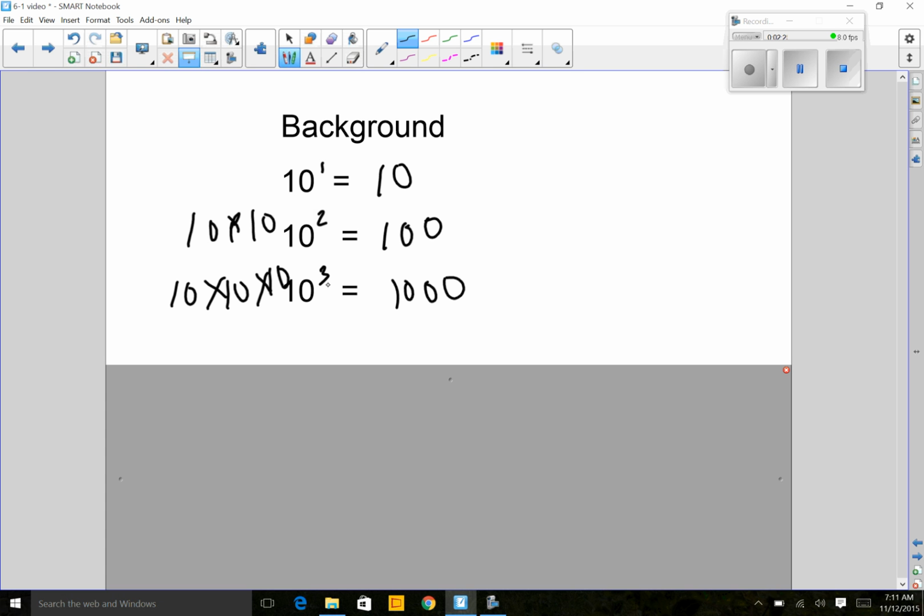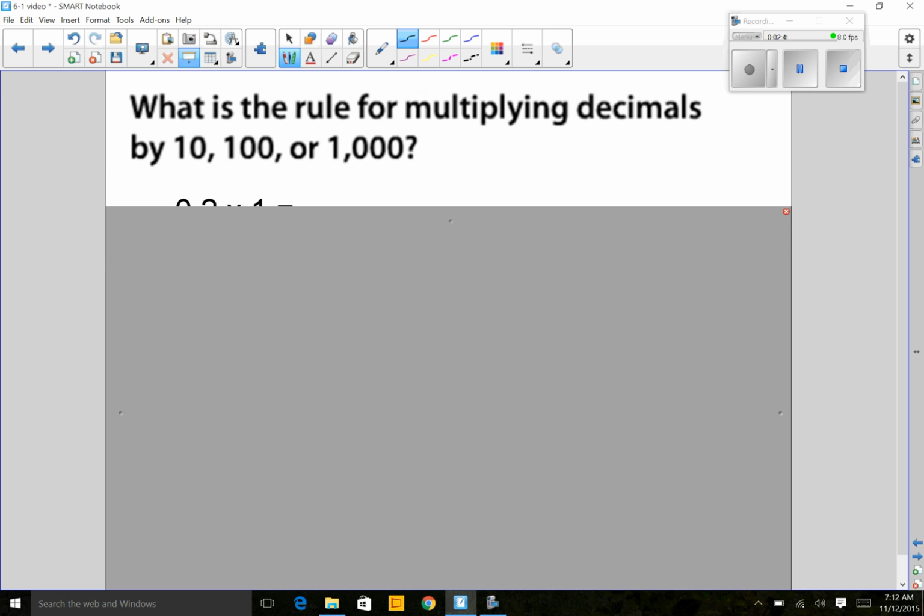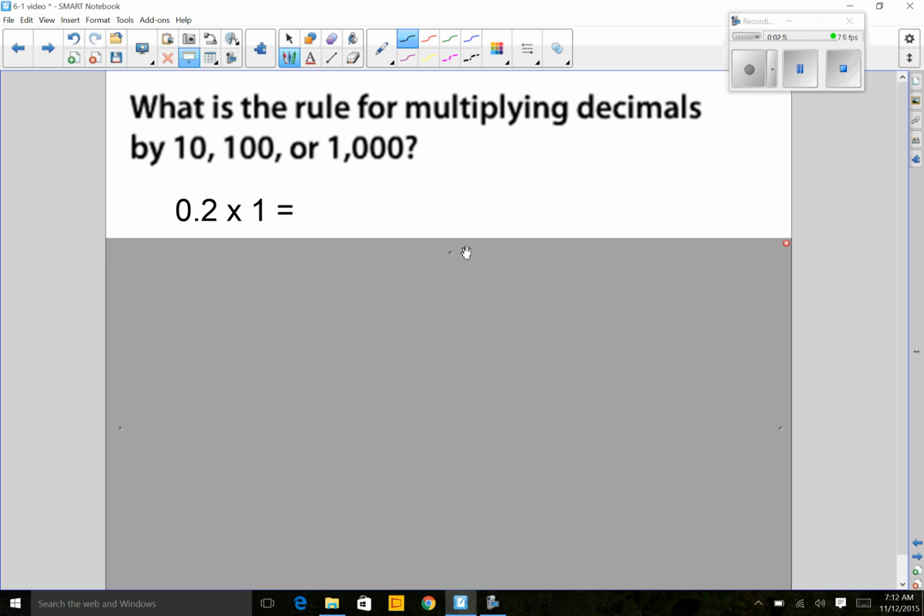Just remember that that's how we do exponents. 10 to the third power is the same as 10 times 10 times 10, which is 1,000, which would be 10 cubed, right? 10 squared, 10 to the second power, is the same as 10 times 10, which is 100. That comes up a little bit later. I don't know why, but they like to express this, instead of saying 10, 100, or 1,000, as 10 to the first power, 10 squared, and 10 cubed.